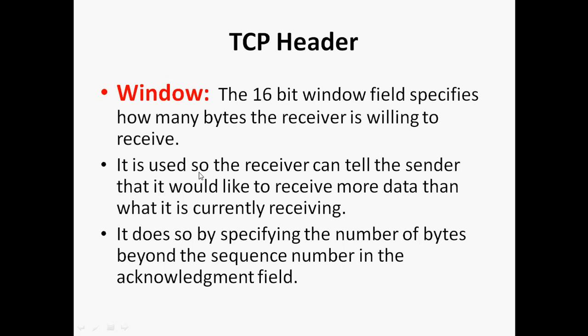It is used so the receiver can tell the sender it would like to receive more data than what it is currently receiving. For example, the sender sends 10 bytes of data to the receiver, and the receiver, using window, sends 15. That means I am capable of receiving 15 bytes of data, so next time the sender will send 15 bytes of data. Likewise. It does this by specifying the number of bytes beyond the sequence number in the acknowledgement field.